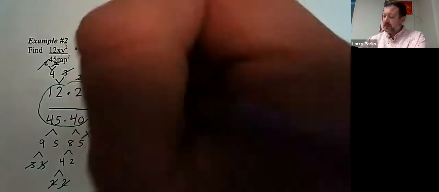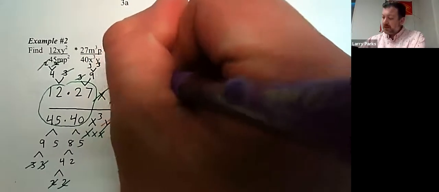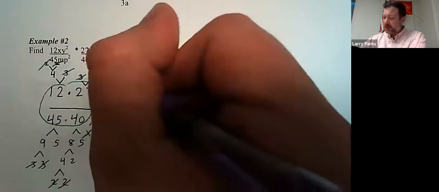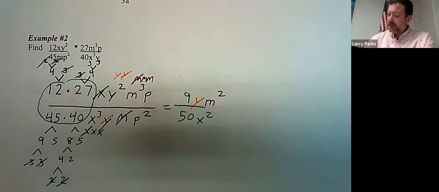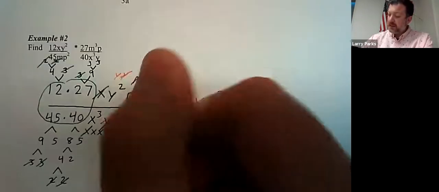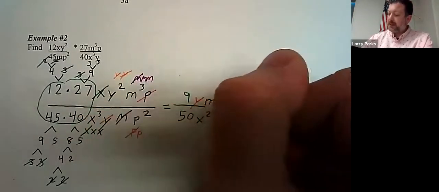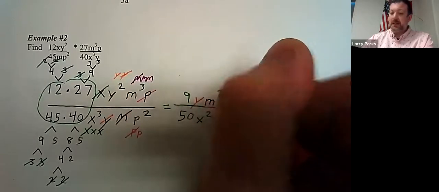For m's, that's 3 m's and that's 1 m. So 1 goes away, leaving m squared on top. And then we have our p's. There's 1 p, 2 p's down here. 1 p goes away, leaving a p in the denominator.